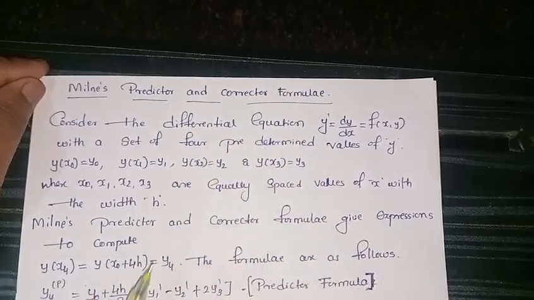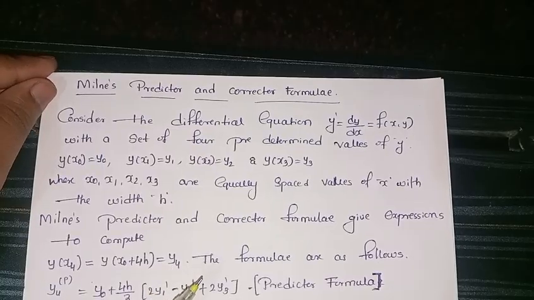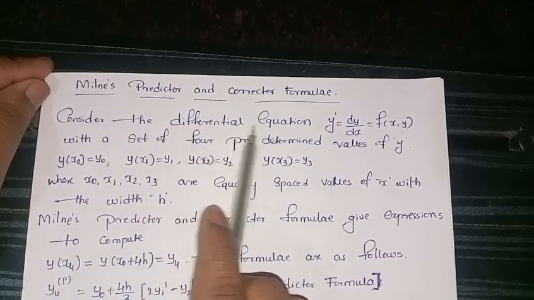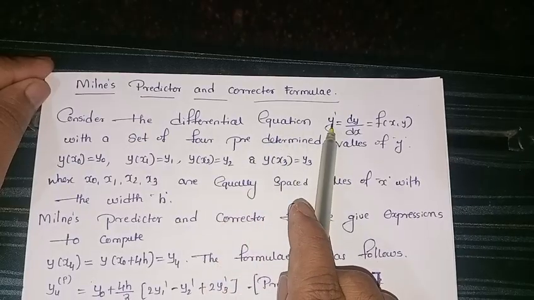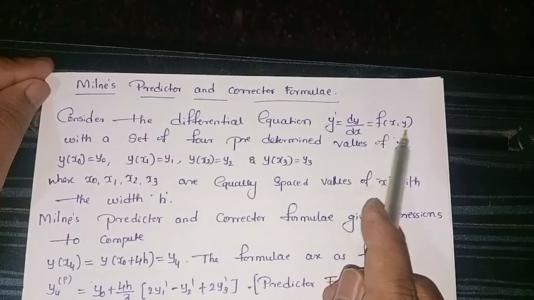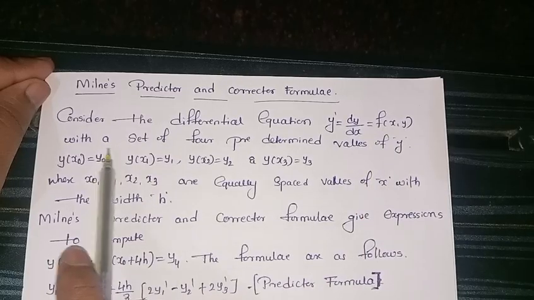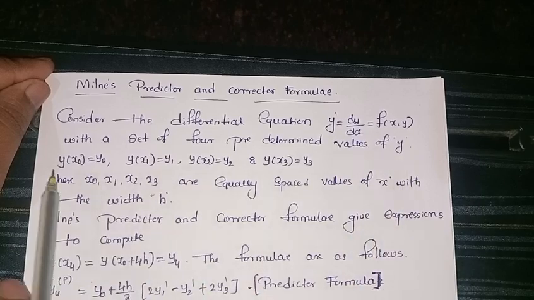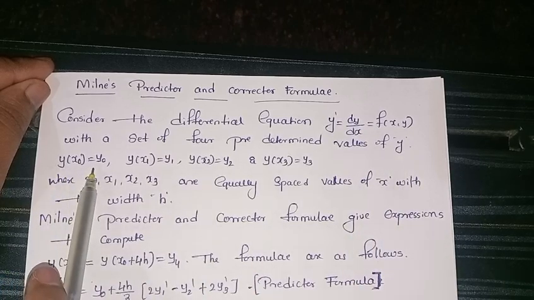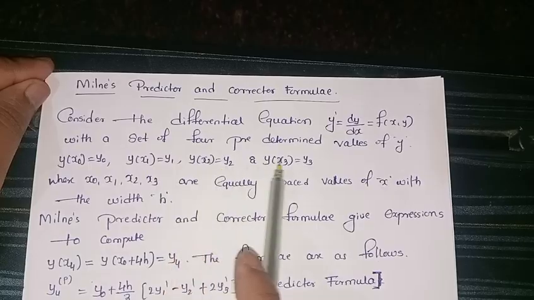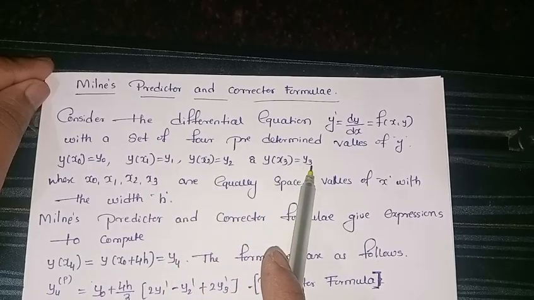Okay, let me take the statement of this problem. What it says: consider the differential equation y dash, also denoted as dy by dx, equal to f of x comma y, with a set of four predetermined values of y. There y of x0 equals y0, y of x1 equals y1, y of x2 equals y2, y of x3 equals y3.